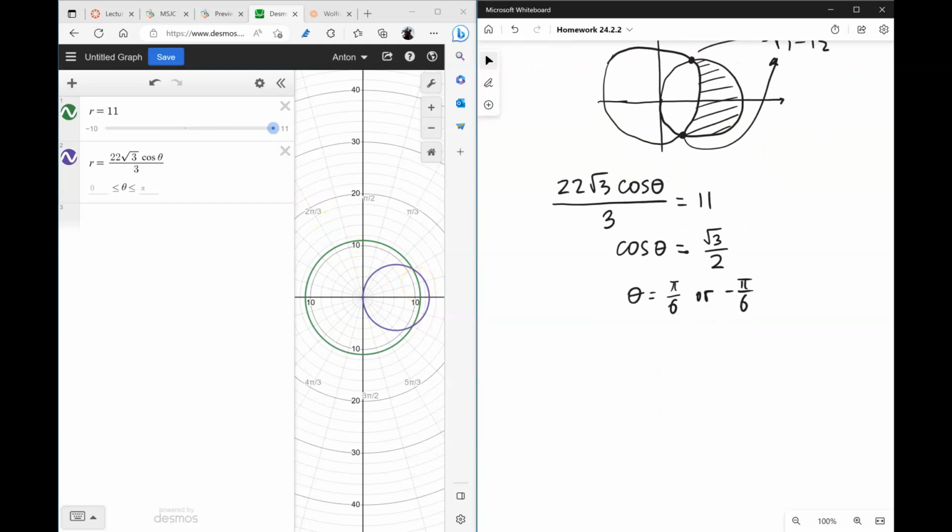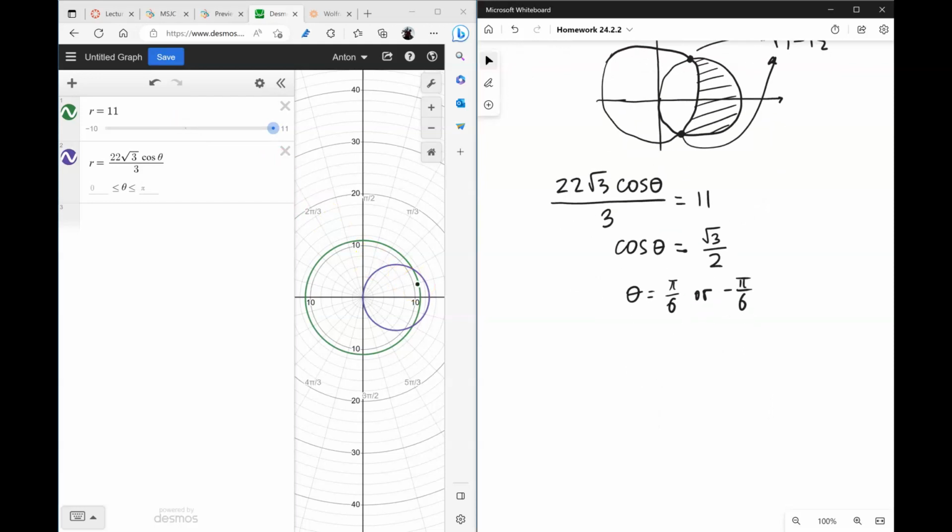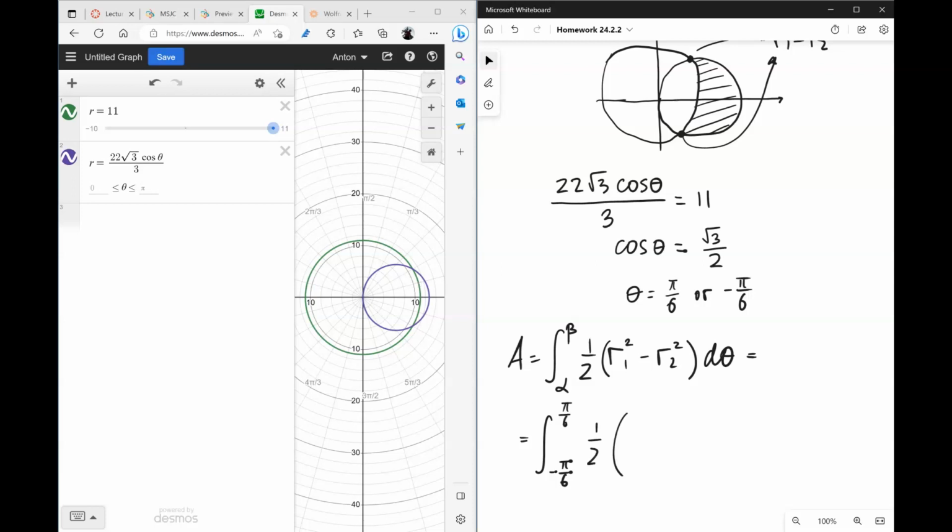Now we're going to use this formula. The area between two curves can be found by setting up this integral. R1 will be the outer one, R2 will be the inner one. In this case it's going to be the integral from negative pi over 6 to pi over 6 of 1/2 r1 squared.